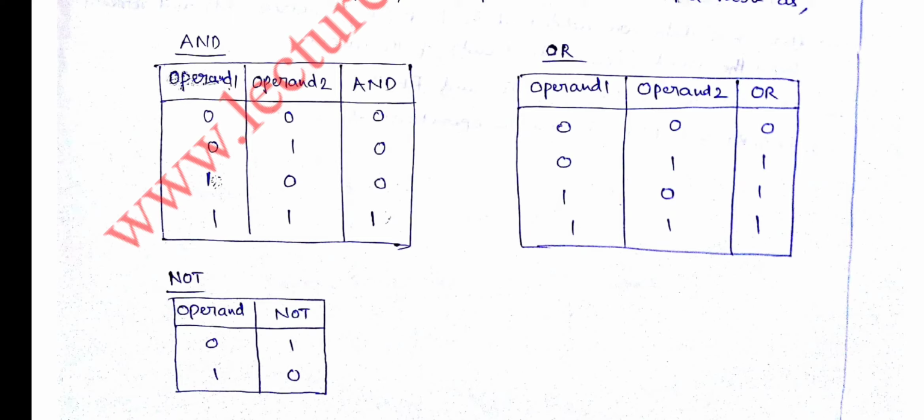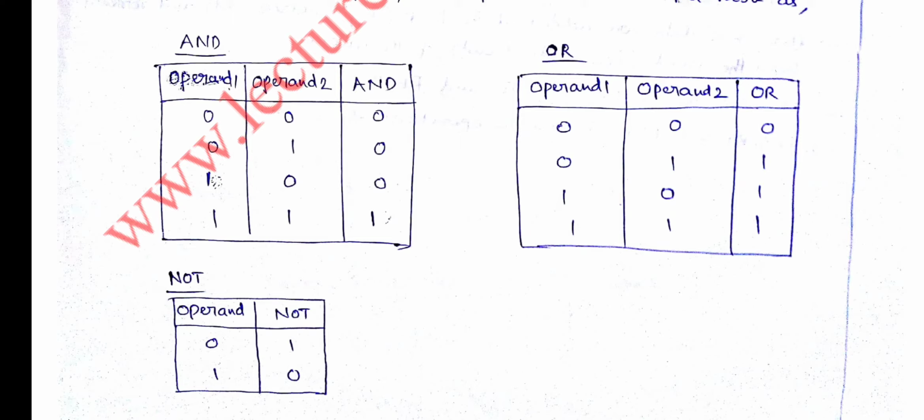This is AND. If both are 1, then only it gives 1, otherwise it gives 0, right?